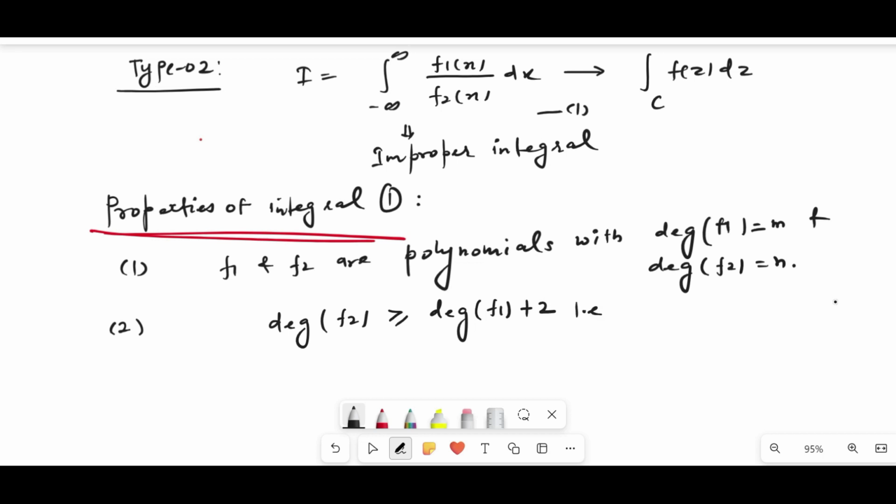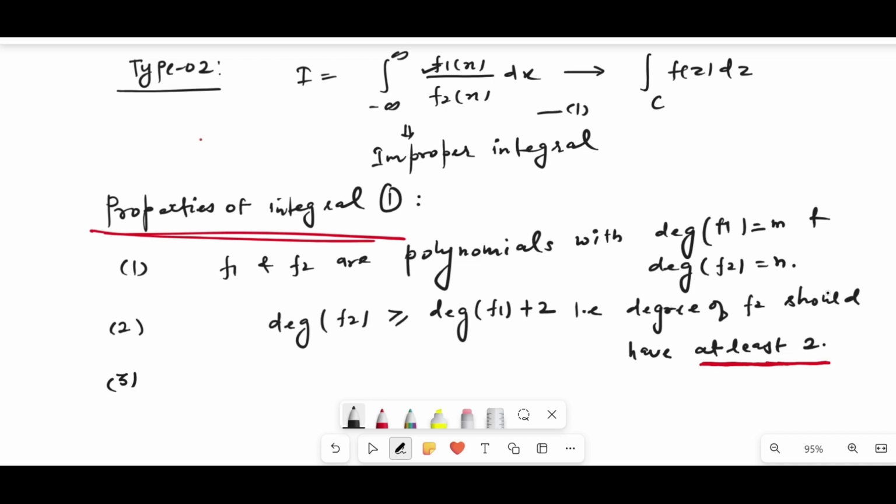That means, in words, the degree of f2 should be at least 2 more than that of the function f1.